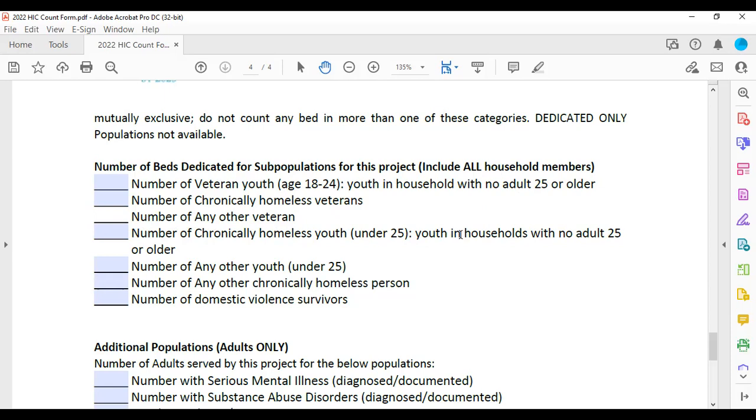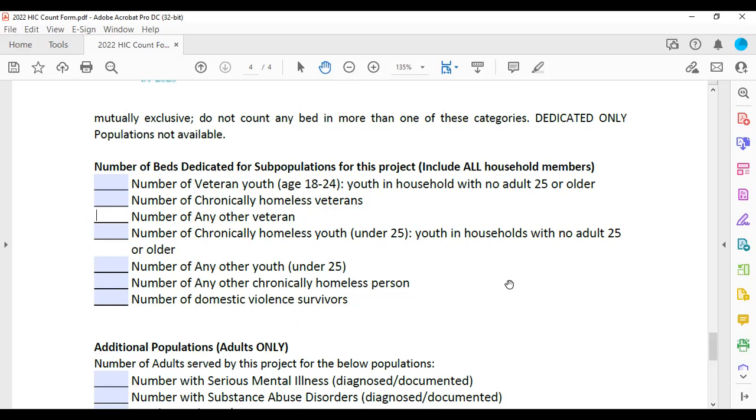Correct, all veterans. Right. So your numbers would be in here, but projects like Seven Hills, the emergency shelters, New Beginnings, you serve all homeless, right? Or in different projects, you have different criteria, but you don't serve specifically these populations. Does that make sense? You only enter numbers in here if this project only serves that population.